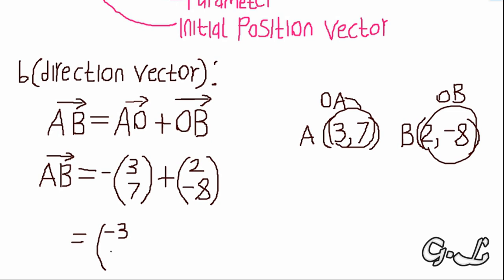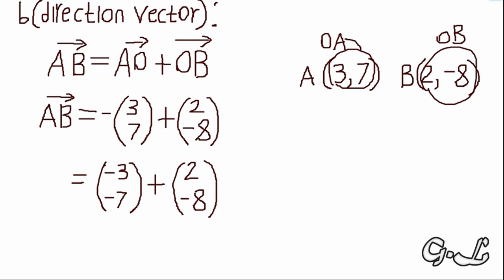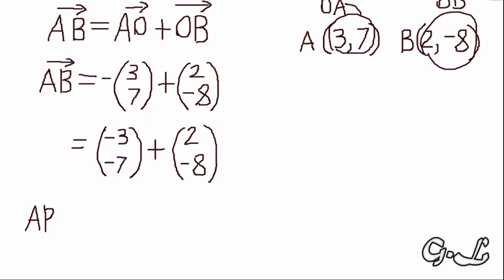Again we also have to multiply negative times positive 7, which gives you -7, and then it maintains to be a plus, and then it will be 2, -8, like that. Next, we're going to pick the terms which correspond to each other.